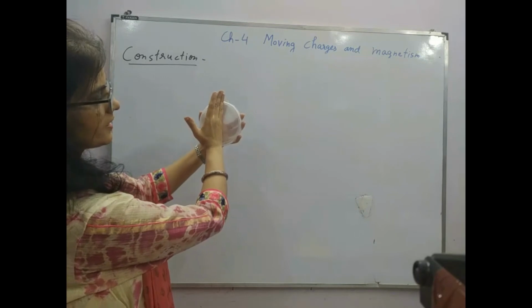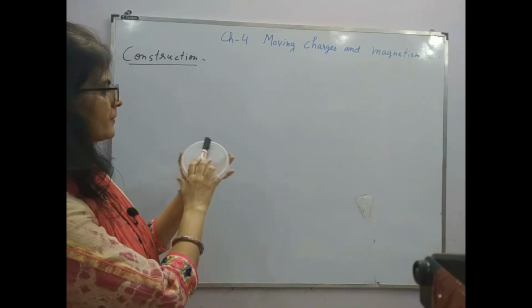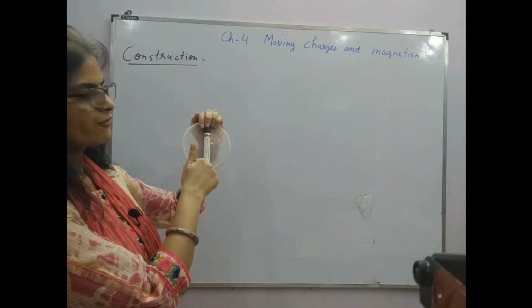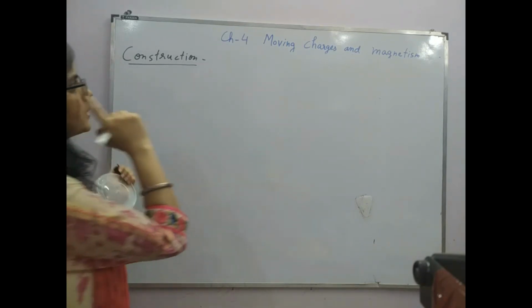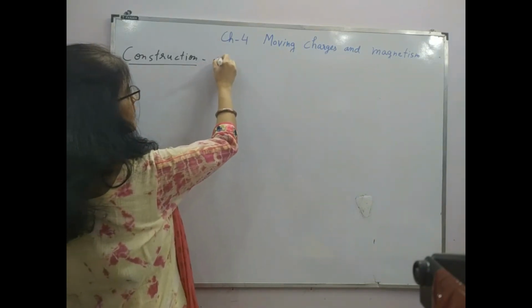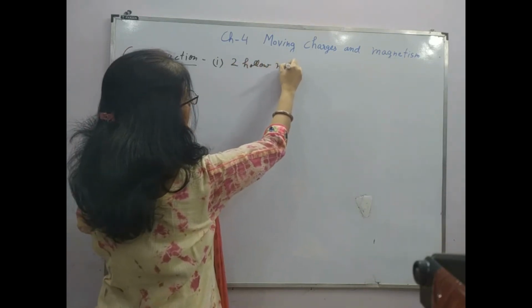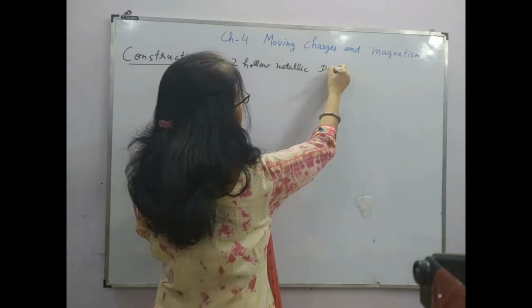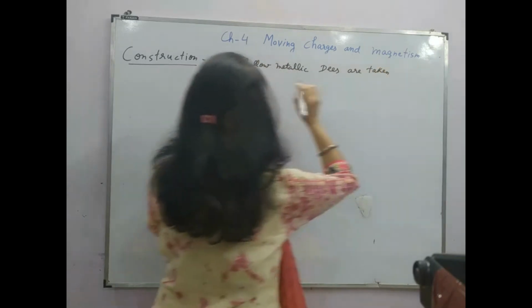If we look at these two parts from the top, what will appear? See, this part will be a D and this part will also be a D. So that's why in the construction it is written like this, that two hollow metallic Ds are taken.